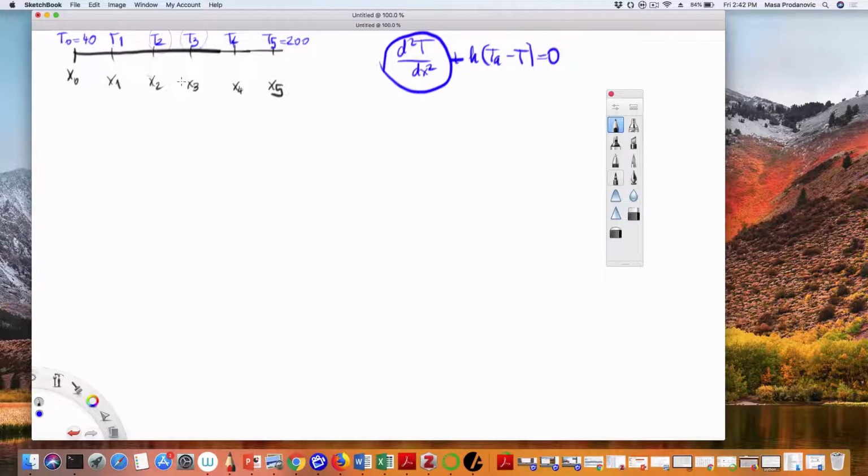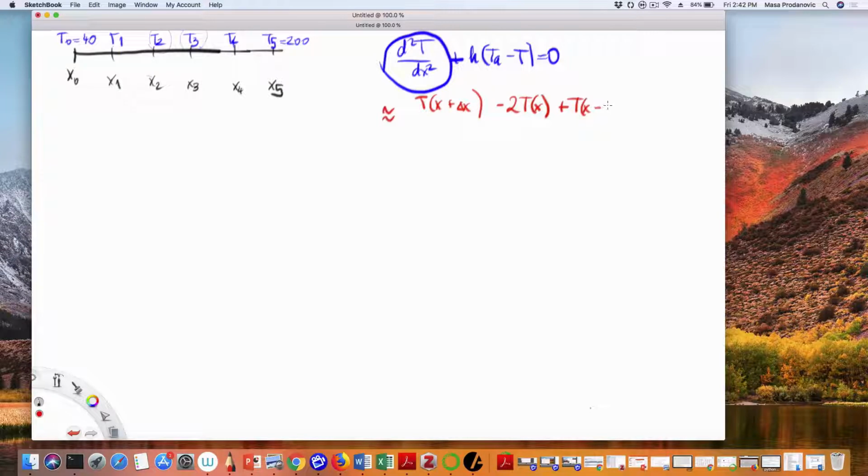Well, it turns out that this can always be approximated. The second order derivative, I can just apply it twice, really. And I will just give you the formula. So it's approximately t of x plus delta x, any delta x, so also this one that I'm taking here, minus 2t at x plus t of x minus delta x divided by delta x squared.